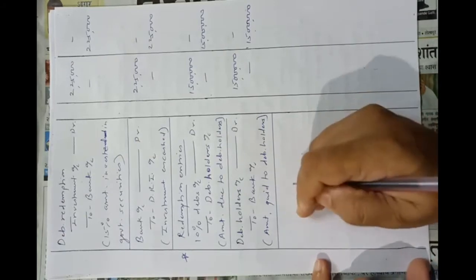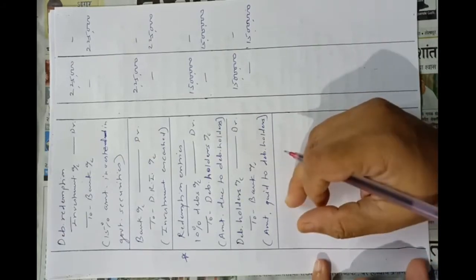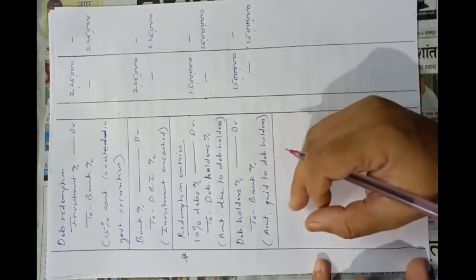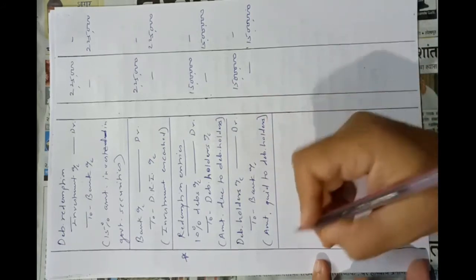Okay, and now the amount in DRR, that is 3,75,000 DRR created, will be transferred to general reserve.